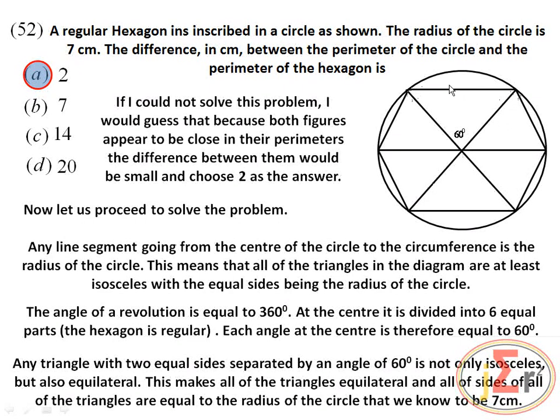So all of the sides of all of the triangles will be equal to 7 centimeters, and we will have 7, 7, 7, 7 all the way around.